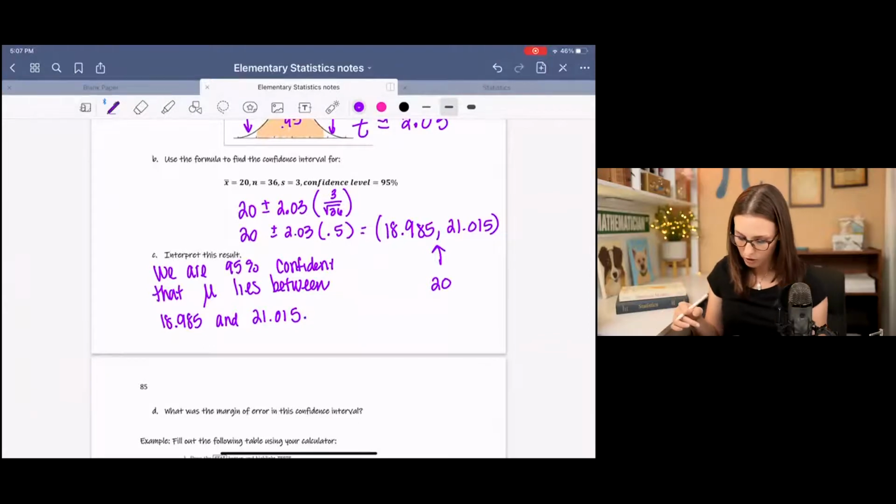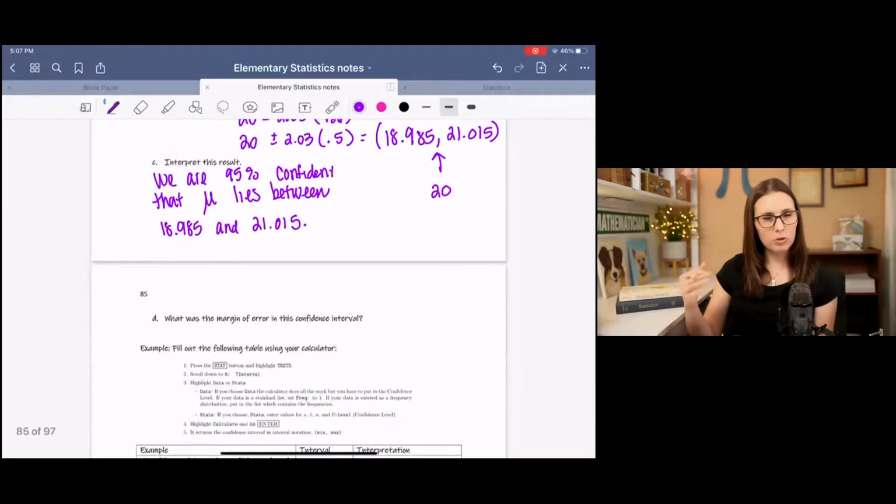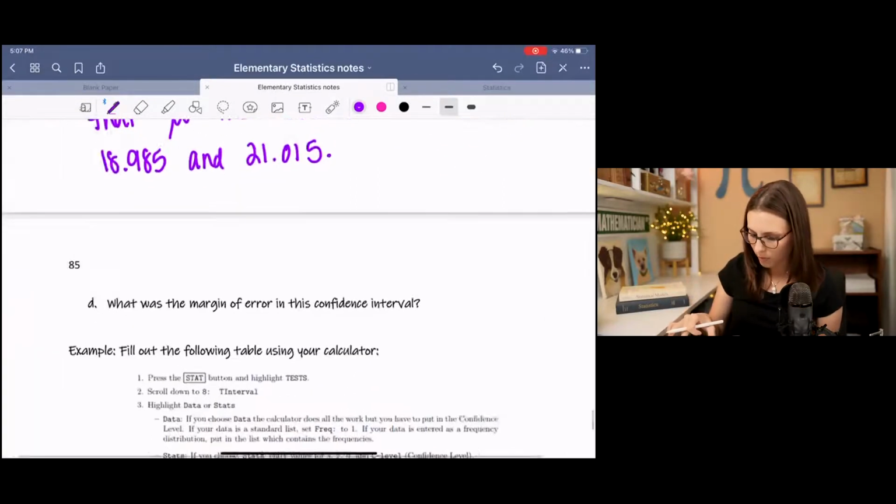Then in this last question, it says, what was the margin of error in this confidence interval? So if you know the center and you know the endpoints, then with that information, you can find that buffer. We talked about a buffer when we did the Z interval. So the buffer is that space in between. And if you're having trouble envisioning that, you can always draw a picture.